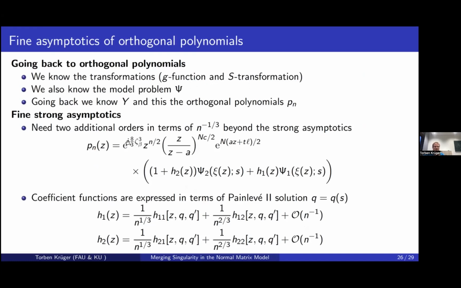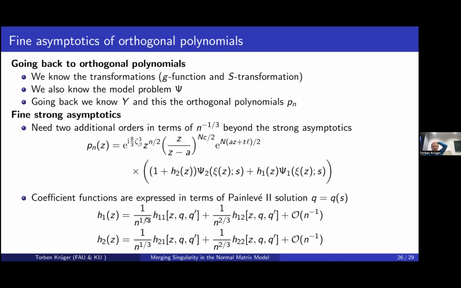in the previous paper that I cited, they determined basically the leading order for the orthogonal polynomials. But what you have to do now is you have to express these orthogonal polynomials also to lower order. So you have to do some lower order expansion in n, and then you get some behavior of this orthogonal polynomial in terms of these functions psi that are the solution to this ODE problem, and then some coefficients.